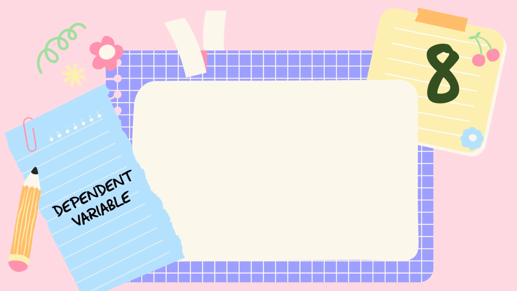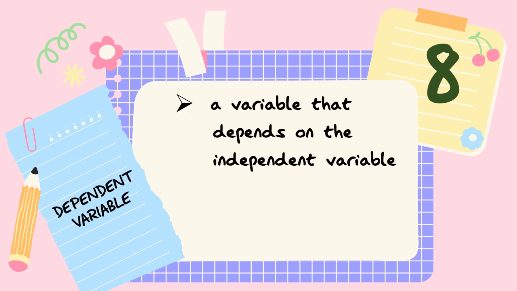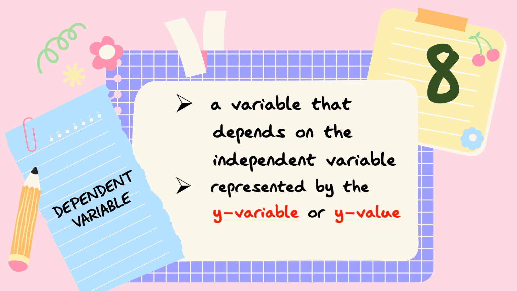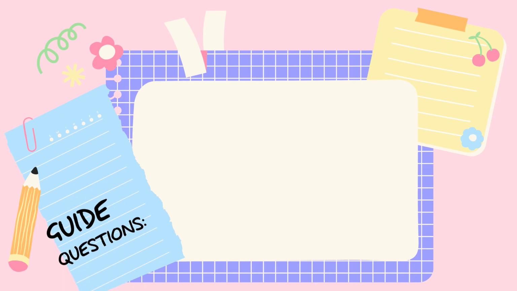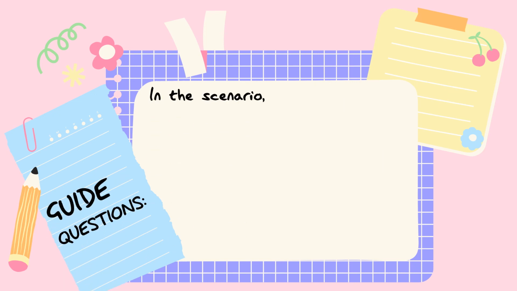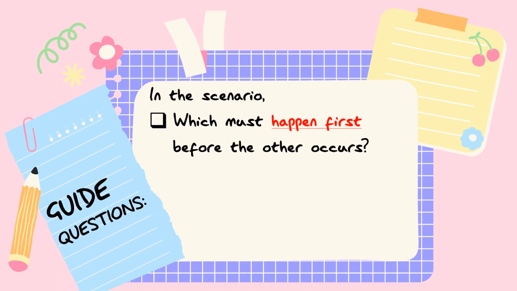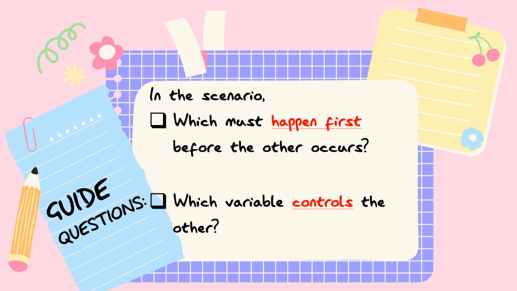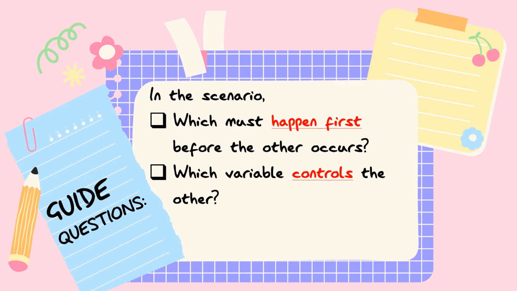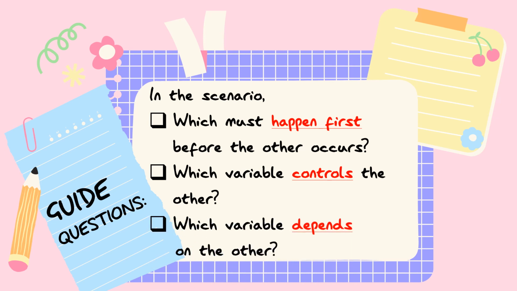On the other hand, dependent variable are a variable that depends on the independent variable, represented by the y variable or the y value. Now in the scenario, which must happen first before the other occurs? And which variable controls the other? Which variable depends on the other?